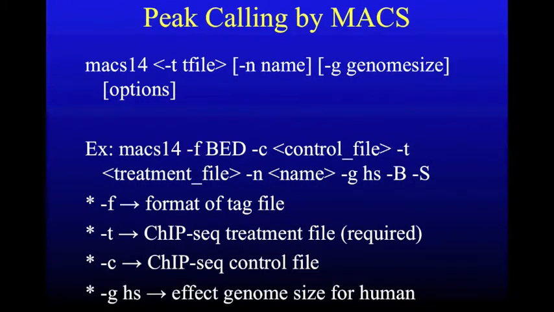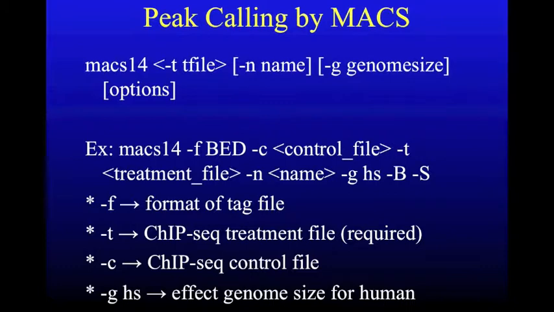So then we will introduce how to implement MACS to call the ChIP-seq peaks. And the basic structure is like the first line shown here. In the example command, the letter f indicates the format of the tag file, and the -t specifies the path and file name of ChIP-seq data, and the dash small c specifies the control data, if you have them.